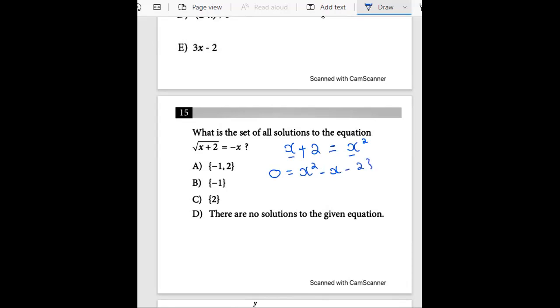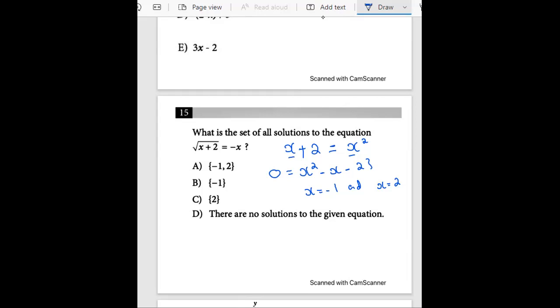So you are getting x equals -1 and x equals 2. So should I directly choose option A, or should I check the values? When you substitute -1, that's the only one that satisfies the equation. -1, right? Yeah, -1. Okay.